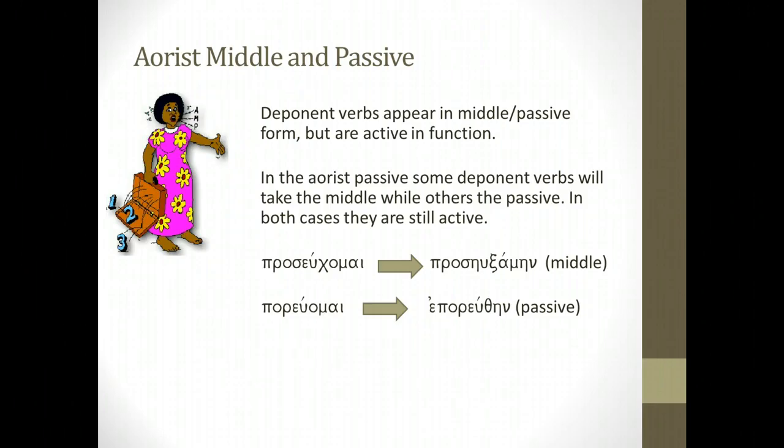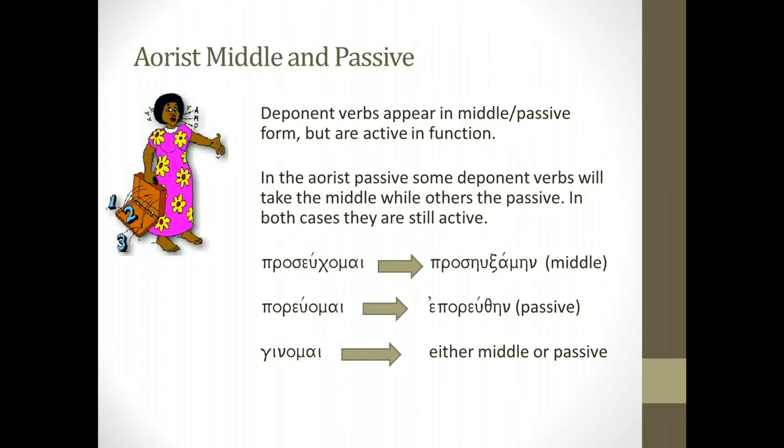It becomes eporeuthen. But again, what we have here is aorist, deponent, indicative, first person singular. I went, or I go. I went was what I would say. Sorry. Or in the case of ginomai, it can take either middle or passive. Either one is possible.